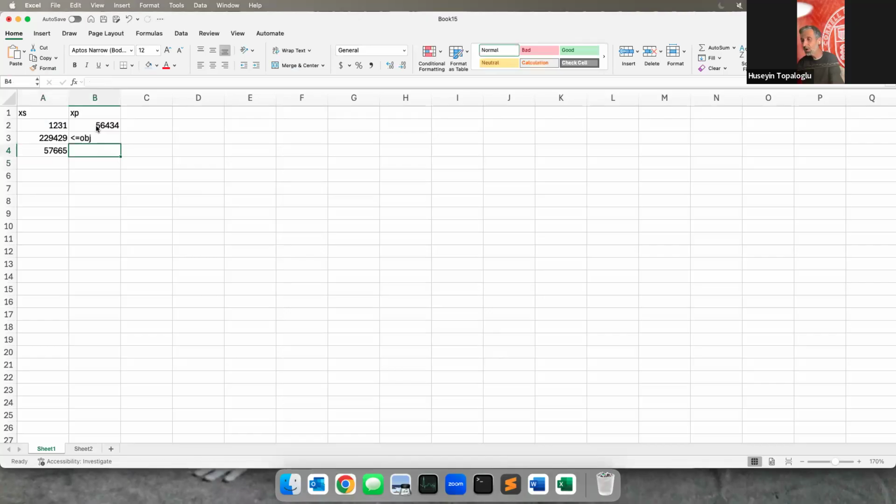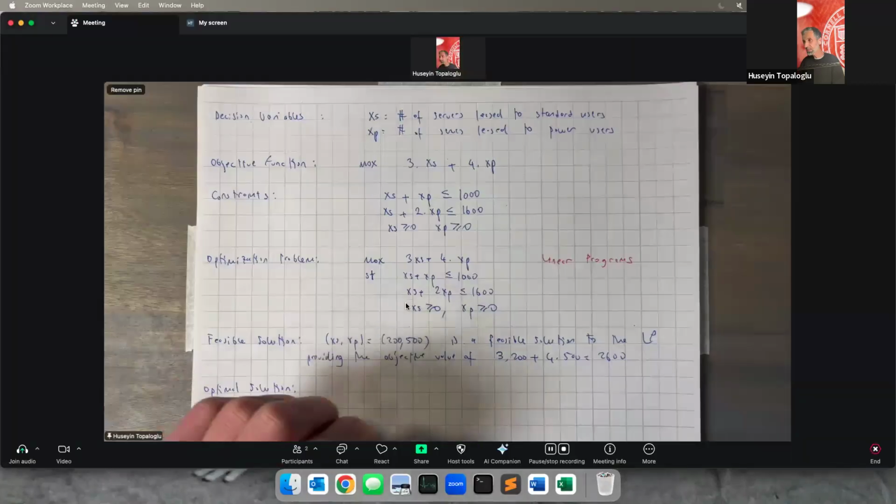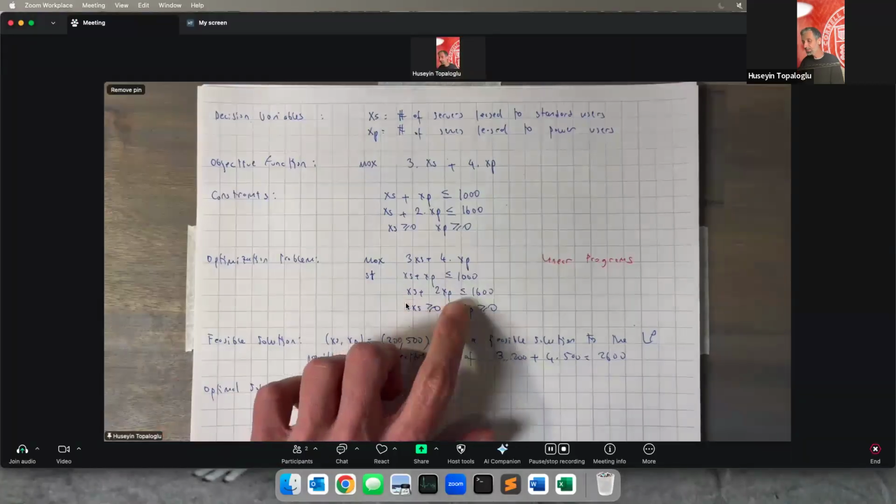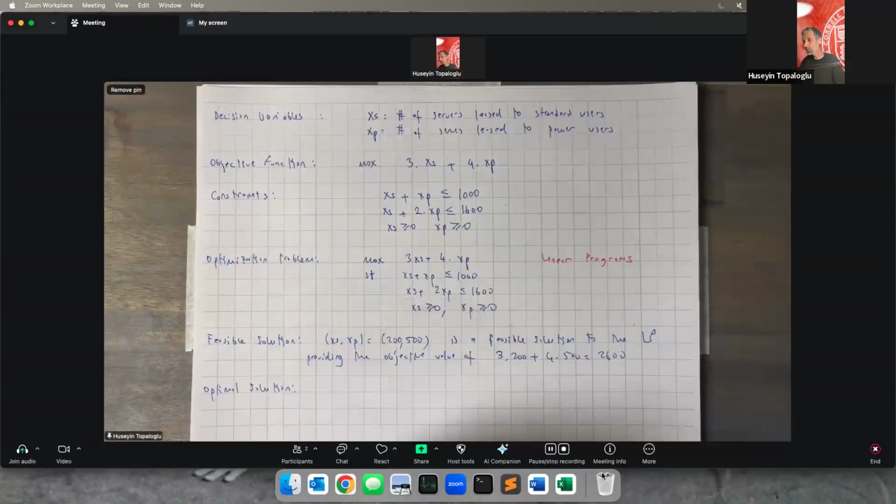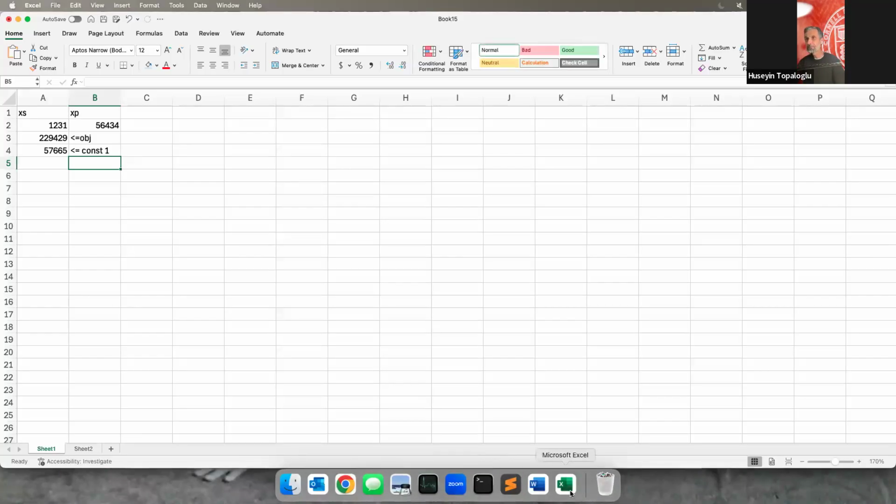So then the cell A4 is keeping track of the left-hand side of the first constraint. And what is the left-hand side of our second constraint? xs plus 2xp. xs plus 2 times xp. Okay, so that's the formula that keeps track of the left-hand side of the second constraint.